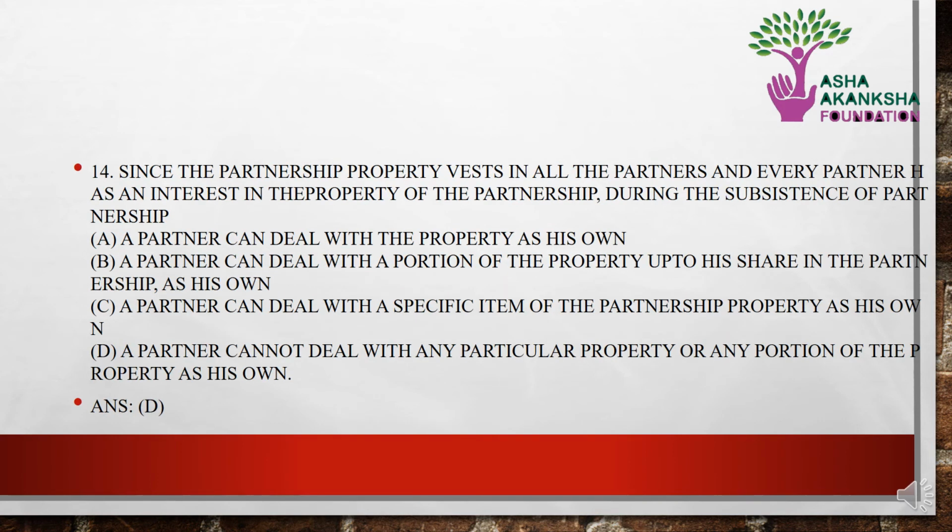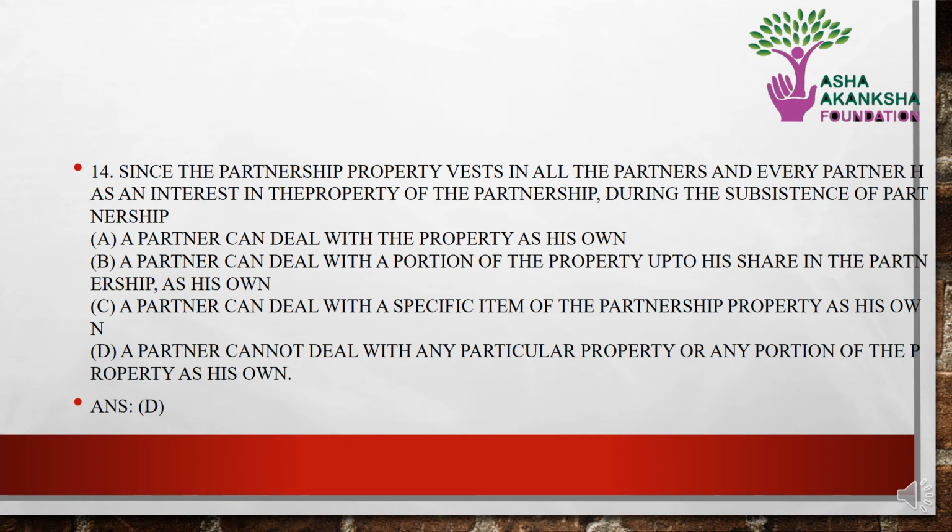The next question is, since the partnership property vests in all the partners and every partner has an interest in the property of the partnership during the subsistence of the partnership, then which of the following is correct? Options are A, a partner can deal with the property as his own. B, a partner can deal with a portion of the property up to his share in the partnership as his own.